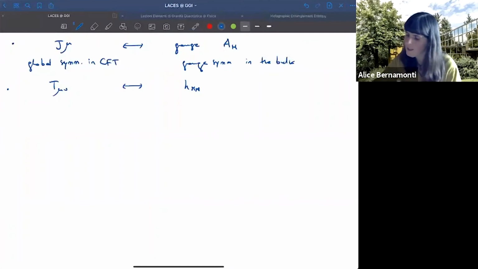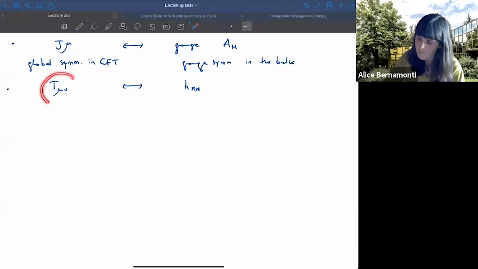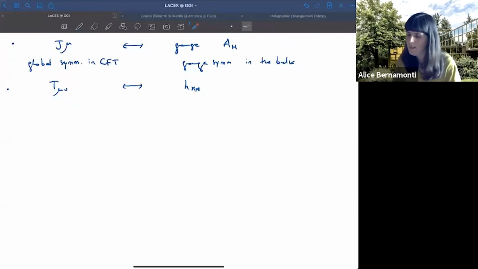And in that regard, for the last point, let me just make one observation. The energy momentum tensor is a basic ingredient of any conformal field theory, and thus by this relation, we see immediately that the bulk dual theory has to be a theory of gravity.